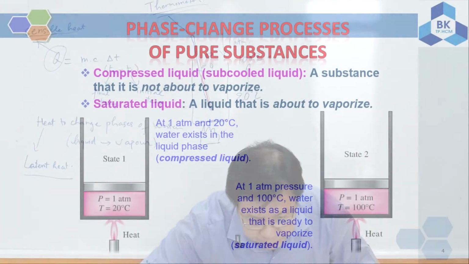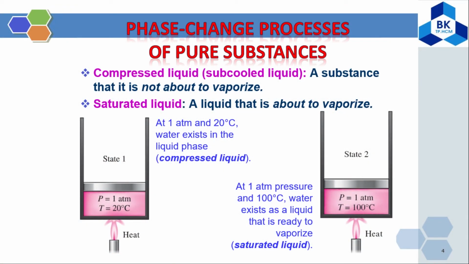All right. So now, first, the water in this phase we call the compressed liquid or the subcooled liquid. That means a substance that is not about to vaporize. And next we call the saturated liquid. That means a liquid that is about to vaporize.